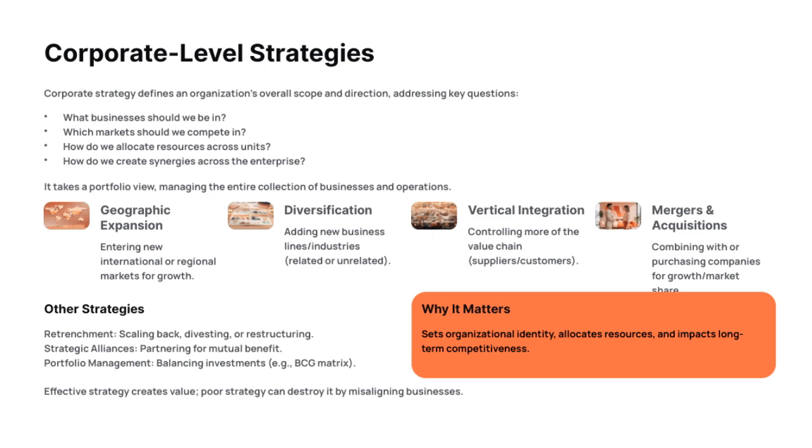Which markets should we target? How do we allocate our resources? And how can we generate value by linking our units together? It defines the overall scope and direction of the organization. In summary, a strong corporate strategy guides us in making these critical decisions, ensuring that every move is aligned with our long-term vision and competitive advantage.